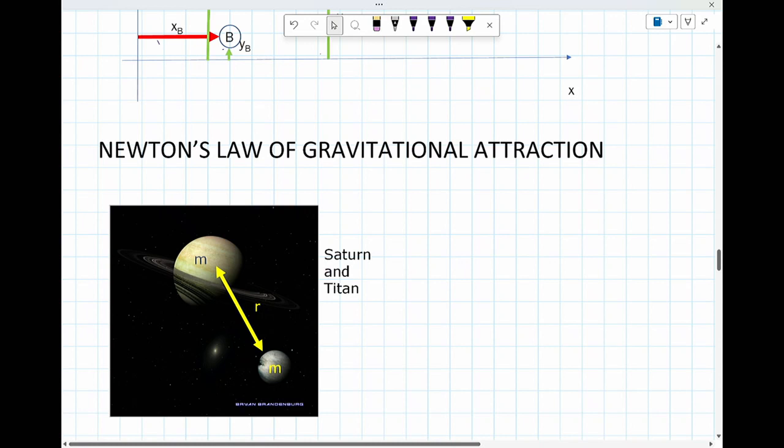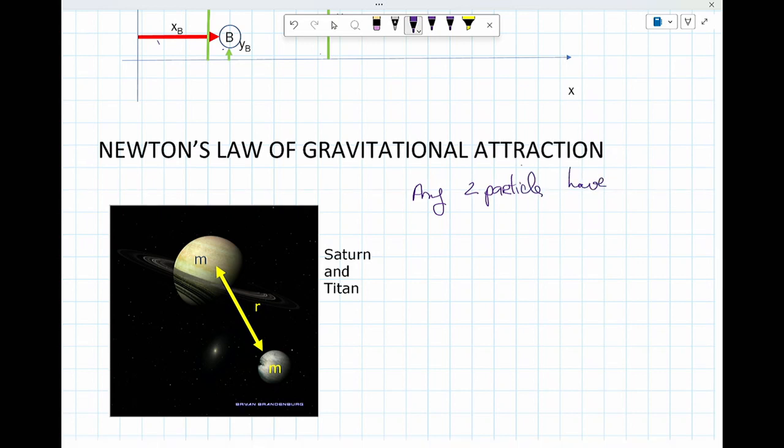Any two particles will have a mutually attractive force between them.